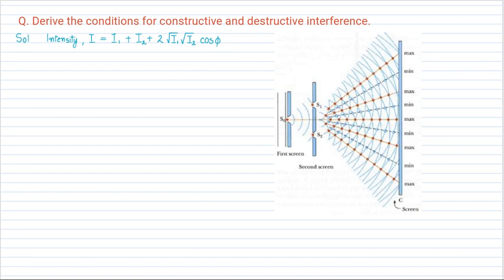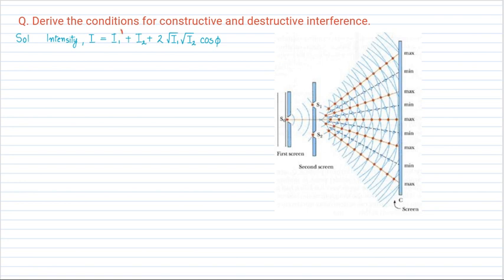In this equation, I1 denotes the intensity of the light coming from your slit S1, and I2 denotes the intensity of the light coming from the slit S2.